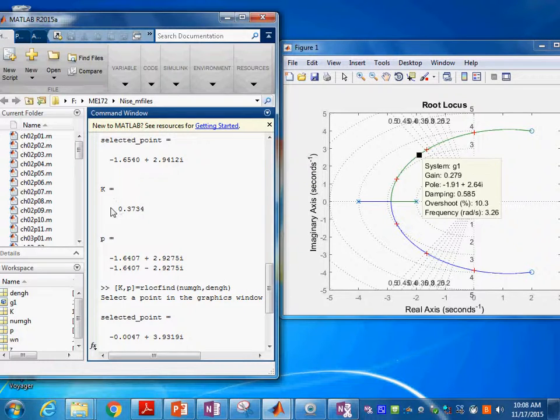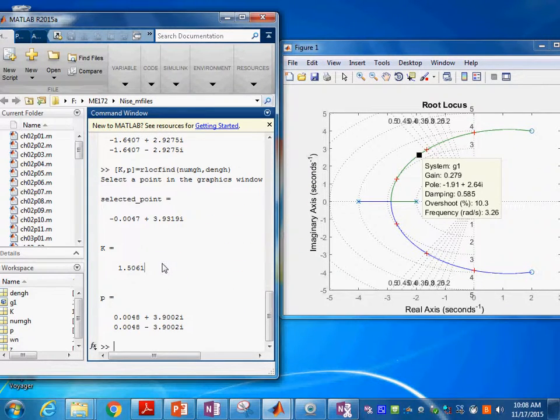See, this was before 0.037, 1.5, and the system becomes unstable if you go to the right side.